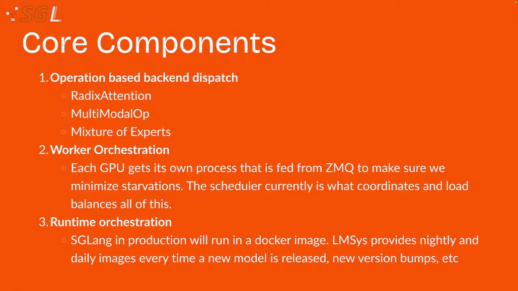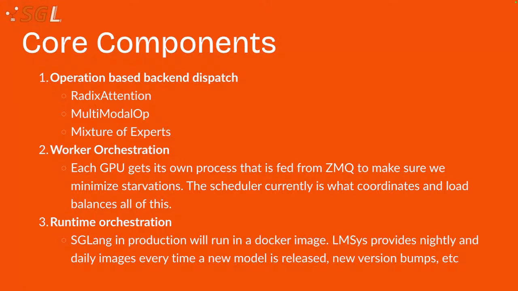Last but not least, the final core component that's important to talk about is runtime orchestration. When you are running LLMs in production and you're running SGLang, what are you actually doing? SGLang in production is going to run on a Docker image. It can obviously run through scripts and other processes too. But the goal with Docker is that you have a reproducible, nearly hermetic build that anyone can use and pull from anywhere, as long as it's on a registry.